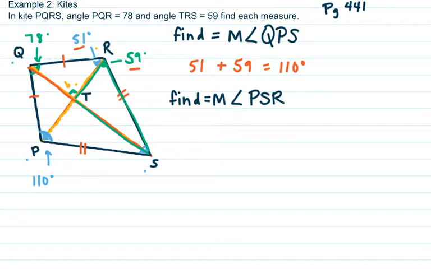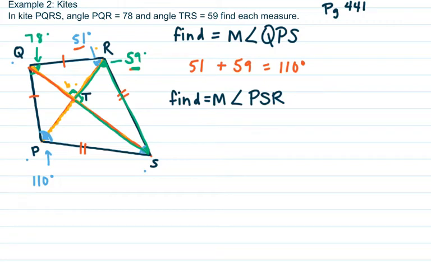If you wanted to focus on this part, you could. So the whole thing, you could do that. I'm just going to focus on the smaller one. So if I know that I have 59 here, this part will be 90. What will this small angle be right here?